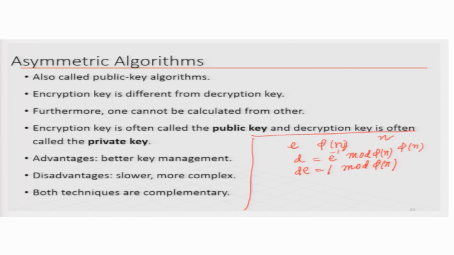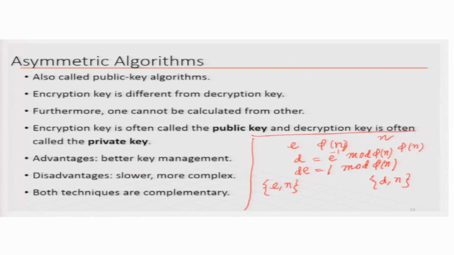It is not necessary for this course to know how the algorithm works, but just to give you an idea. So, the public key is e comma n and it is published, and the private key is d comma n, which is kept secret.